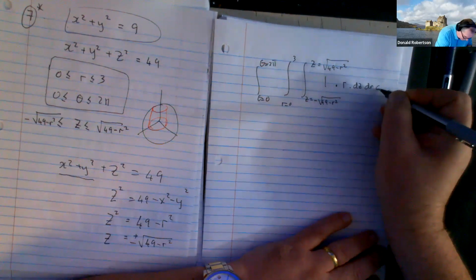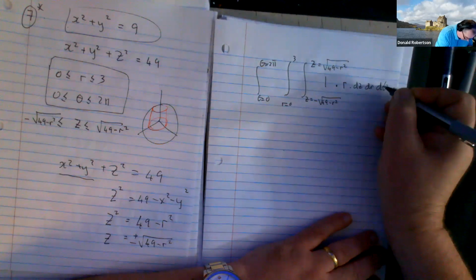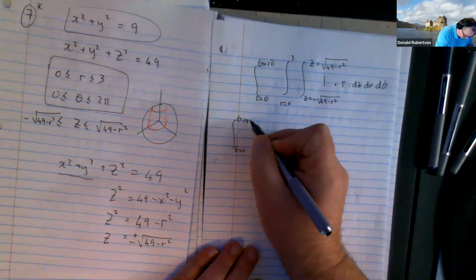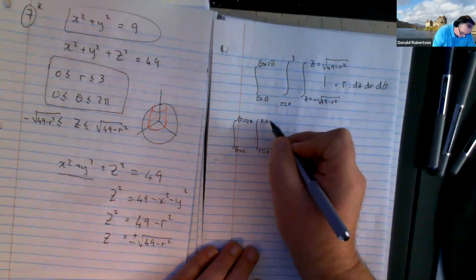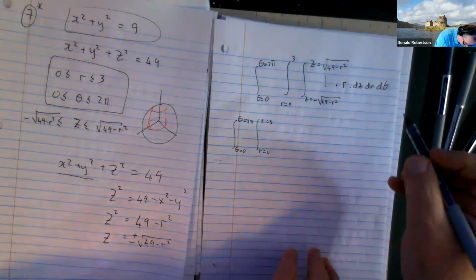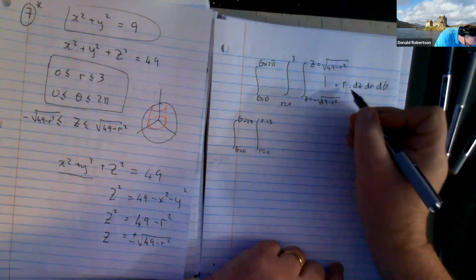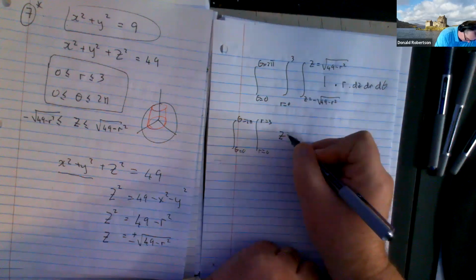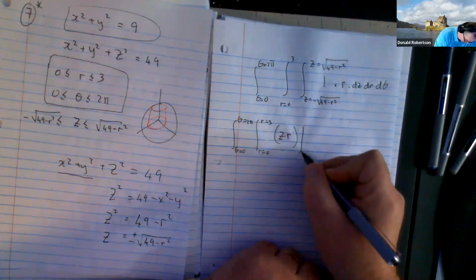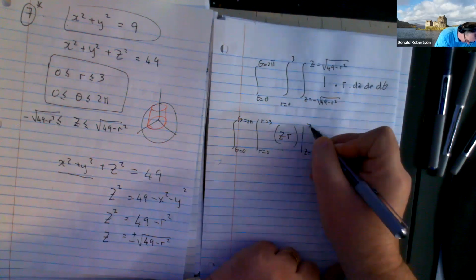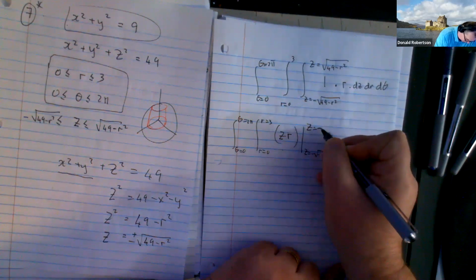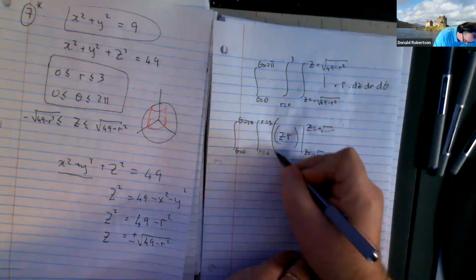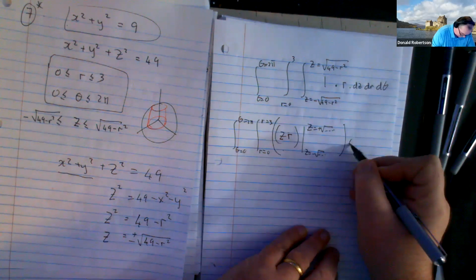I'm going to take this one a little bit further. If you integrate 1r with respect to z, you will just get zr, evaluated at this ugly square root and that positive ugly square root. And we get that.